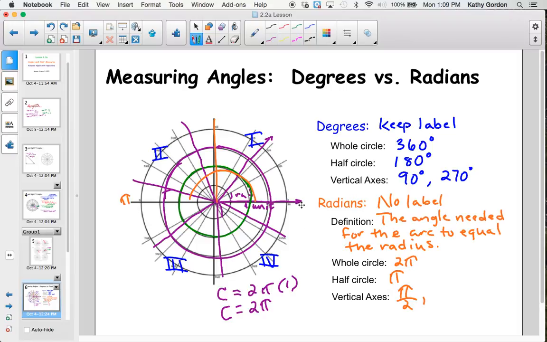If I get all the way back around here, I'm at 2 pi. So what's halfway between those? One and a half pi, which we write as 3 pi over 2. So this one is pi over 2, and this one is going to be 3 pi over 2.